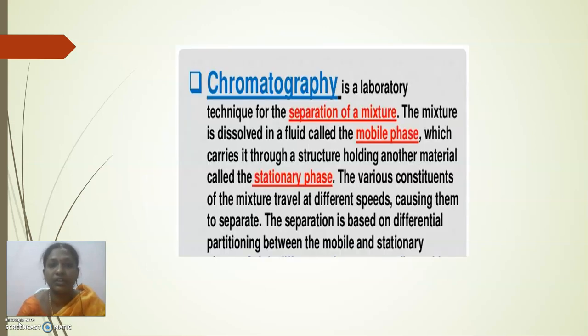So it is a laboratory technique for the separation of a mixture. And how is this process carried out? It is done by two phases, that is the mobile phase and the stationary phase. The mixture is dissolved in a fluid called the mobile phase. Mixture means here the sample, the sample which we want to separate.